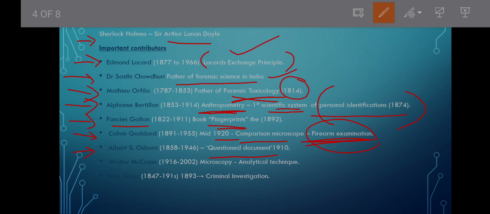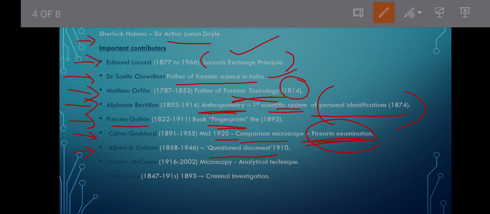He was the first person who used the handwriting identification system in his time, and that technique is still in use till today. He was an American lawyer, and also the main contributor to forensic questioned documents.